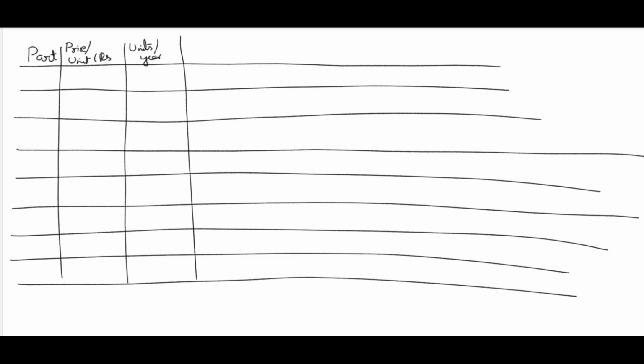Then annual consumption in rupees per year. Then another column will be adding the cumulative value of annual consumption.